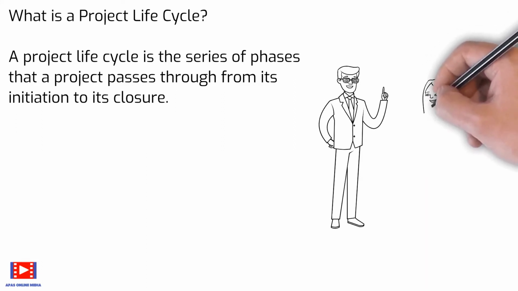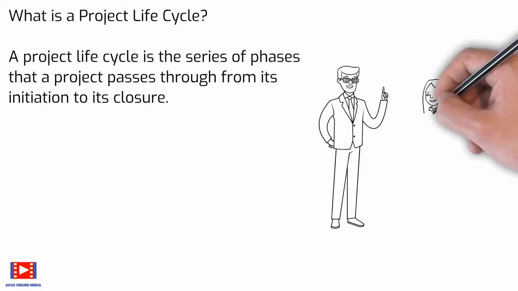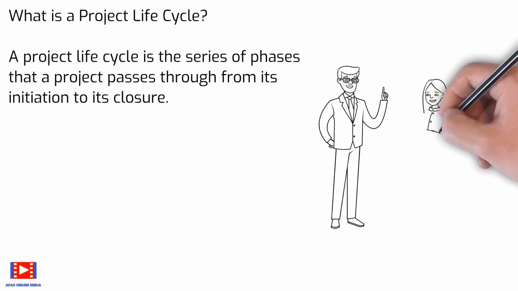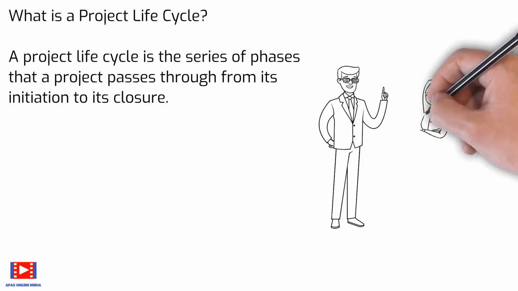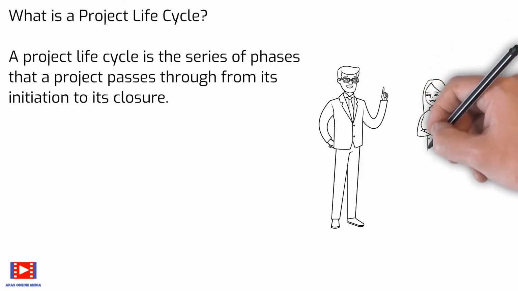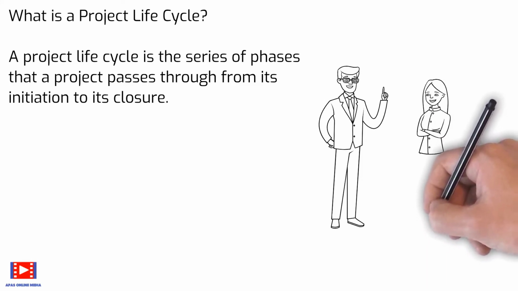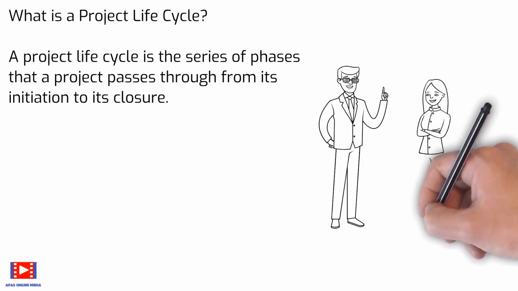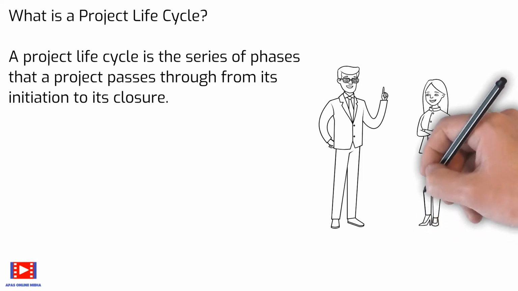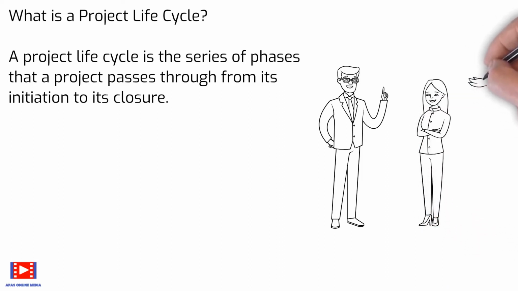Phases are generally time-bounded with a start and ending or control point. A life cycle can be documented within a methodology. The project life cycle can be determined or shaped by the unique aspects of the organization, industry, or technology employed.